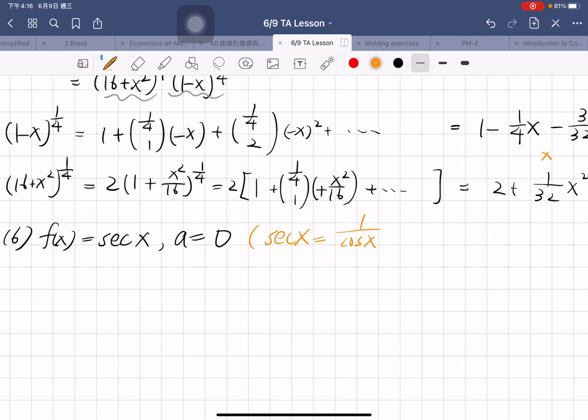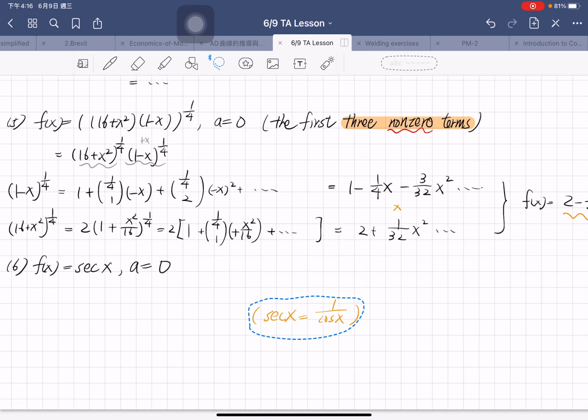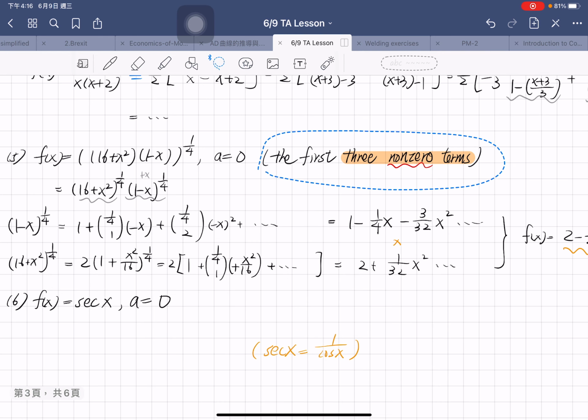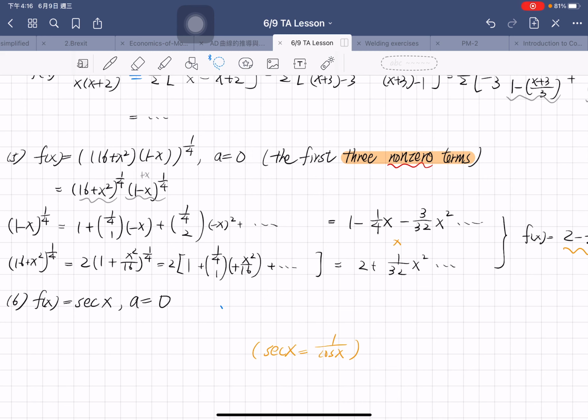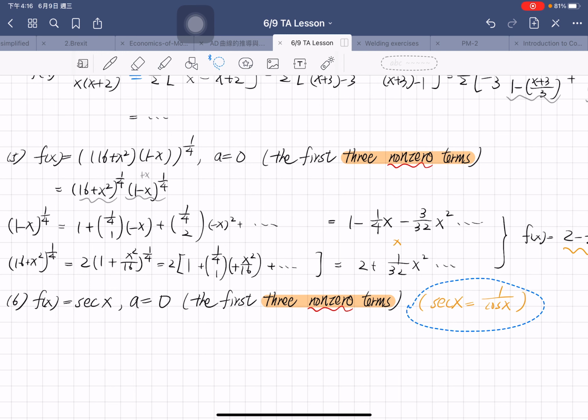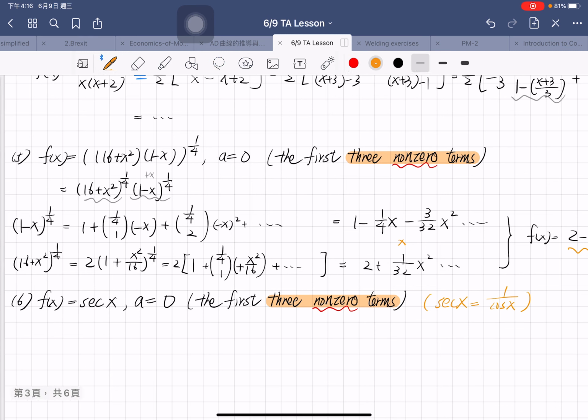I forgot to write, these are the first 3 non-zero terms.